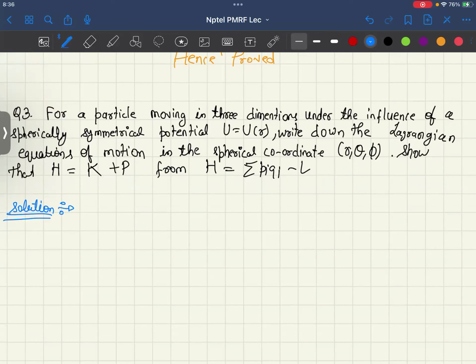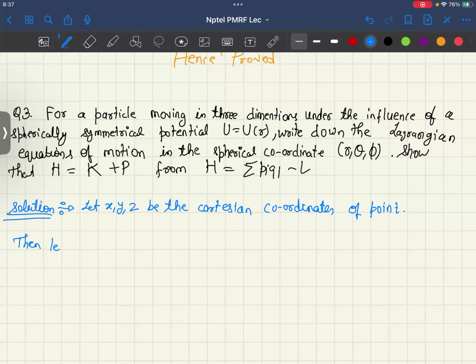Solution. Let x, y, z be the Cartesian coordinates of a point.